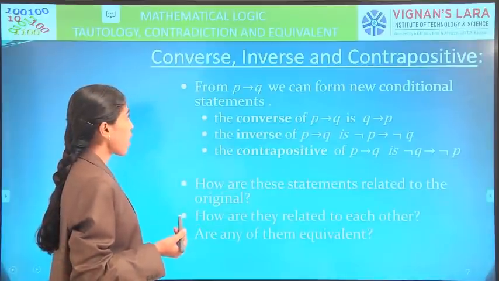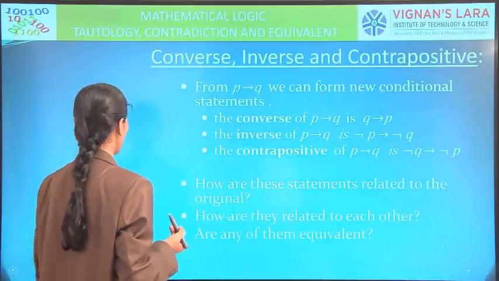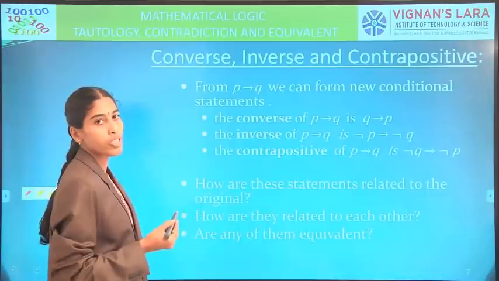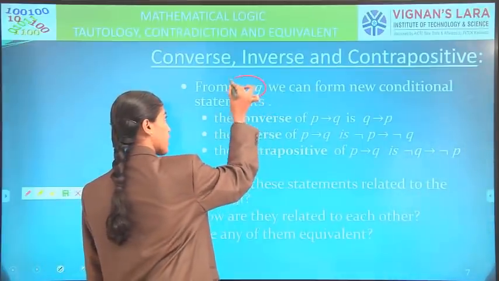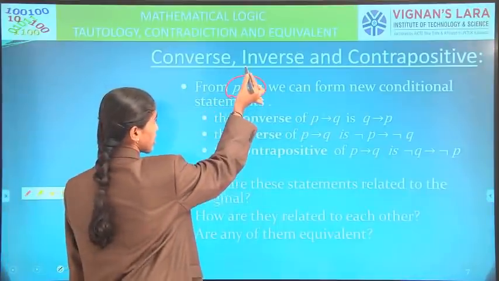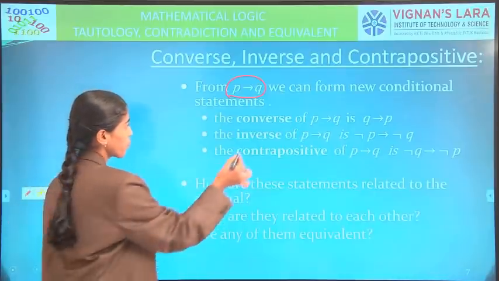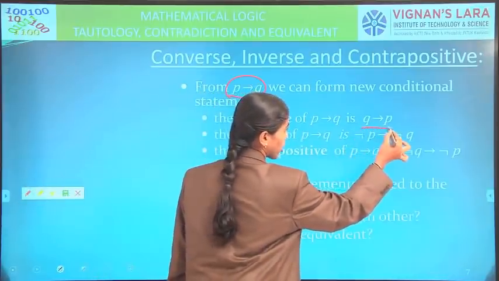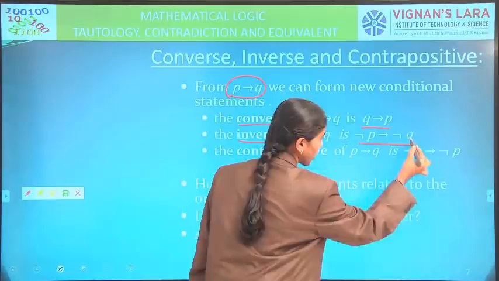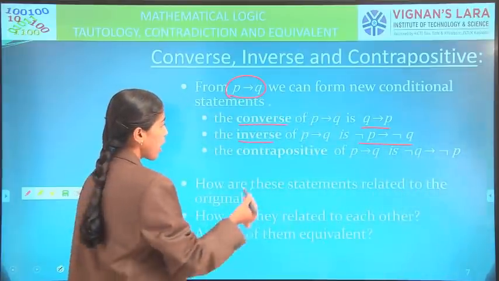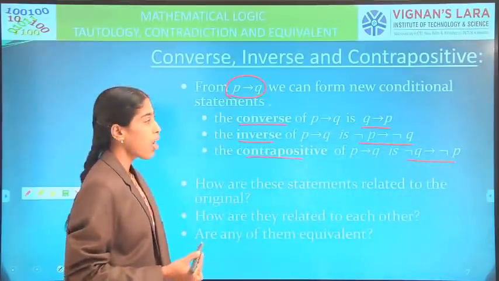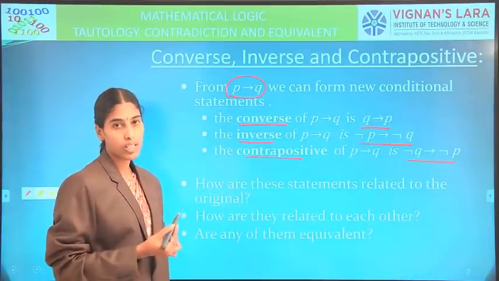Next one, we see converse, inverse and contrapositive. We say that converse, inverse and contrapositive of a statement exist only for the conditional statement P conditional Q. If P conditional Q is the implication statement, its converse is Q conditional P. Its inverse is negation of P conditional negation of Q. And contrapositive is negation Q conditional negation P. Why are we using these 3?